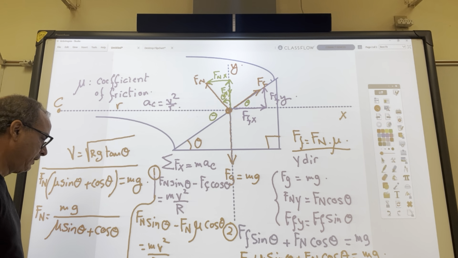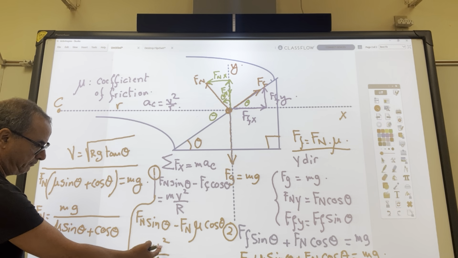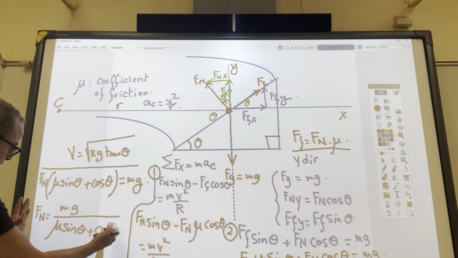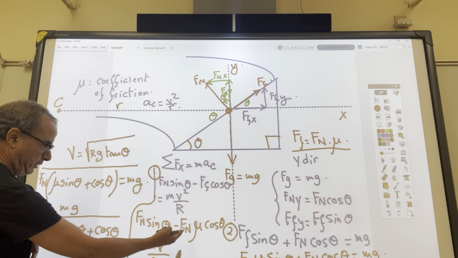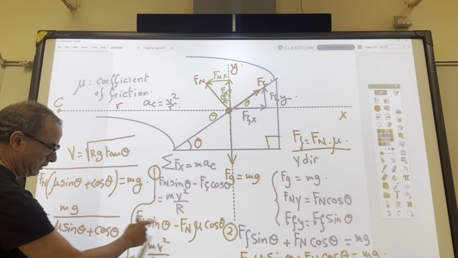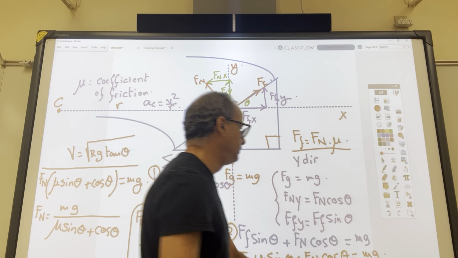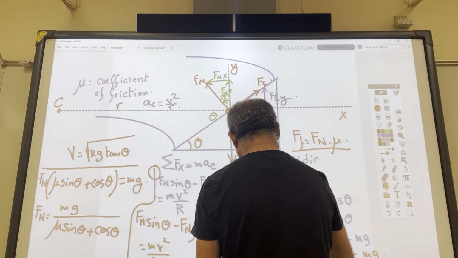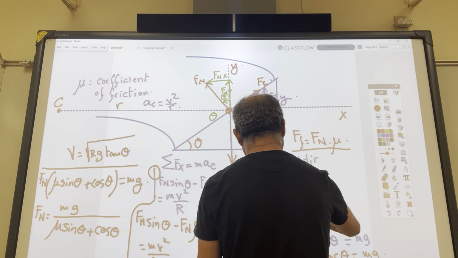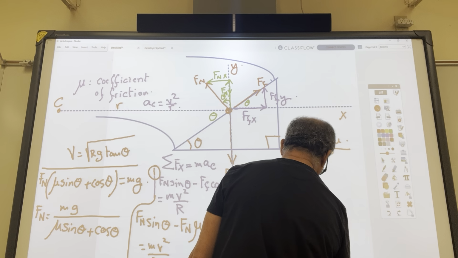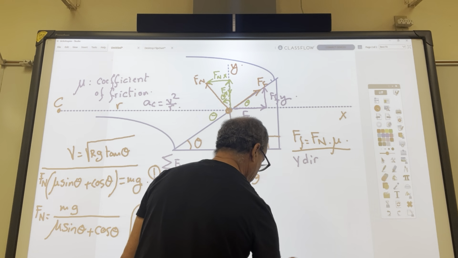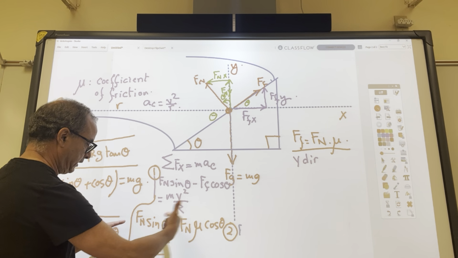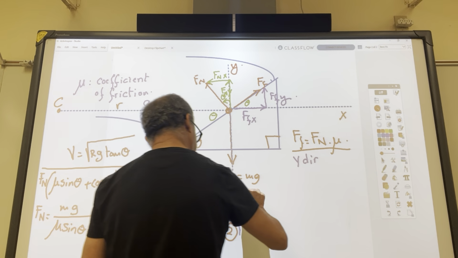Because I need to keep the v term, that's what I'm looking for, I'm going to take this expression and replace the Fn. But first I have to factor out the Fn there as well. So let me erase over here. I'm going to take this equation and factor out the Fn.